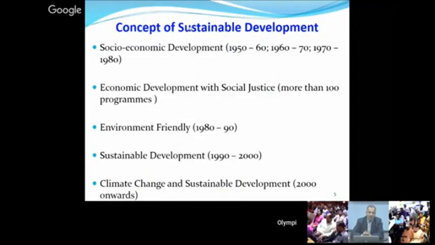But in the late 80s, when the concept of environment-friendly things came into the picture. I gave you the idea that in 1970, all of a sudden the petroleum price in the world market increased three times, and the economy of Europe, America and all the developed nations faced problems in a major way, because a three times increase in the petroleum price was a major change, and it destabilized the economy of Europe and America.